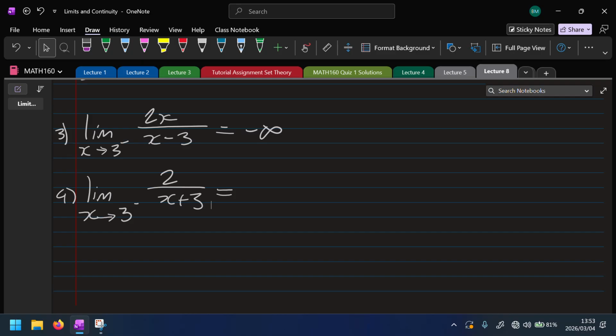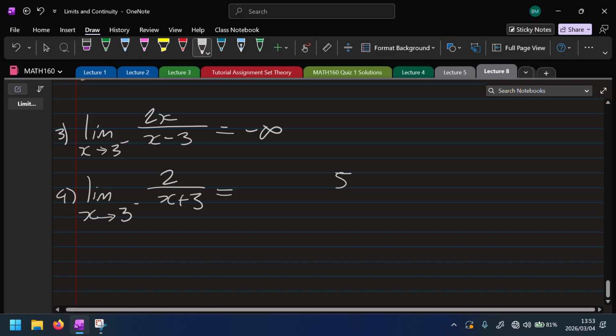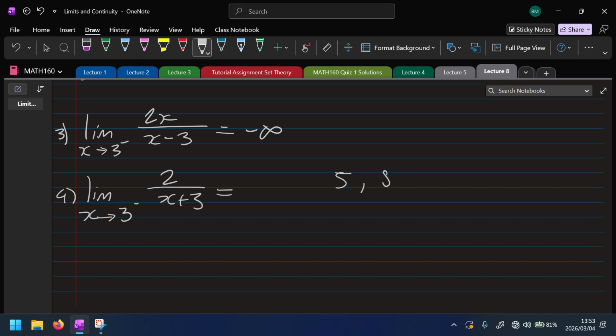We had 5 when x is 2. Then we had 5.5. Then we had 5.75. We can get closer to where we want: 5.95. The limit goes to 6. So that's the limit value for the bottom. Does everyone see that? x is getting closer and closer to 3, so x plus 3 is getting closer and closer to 6.